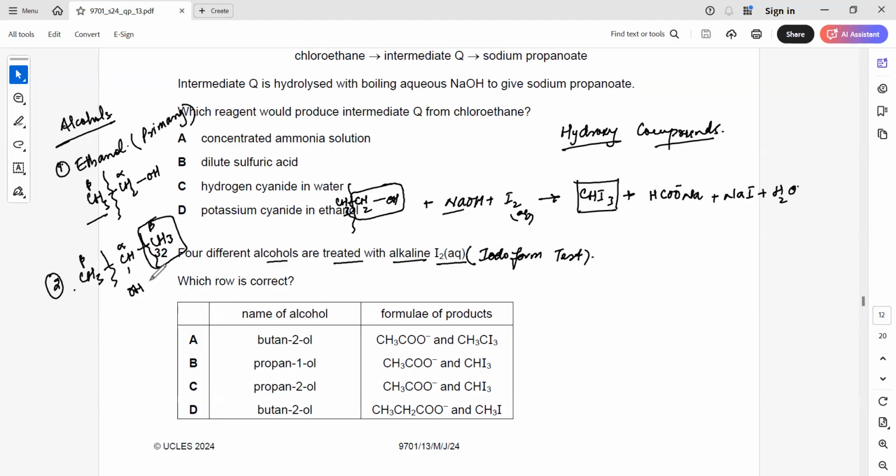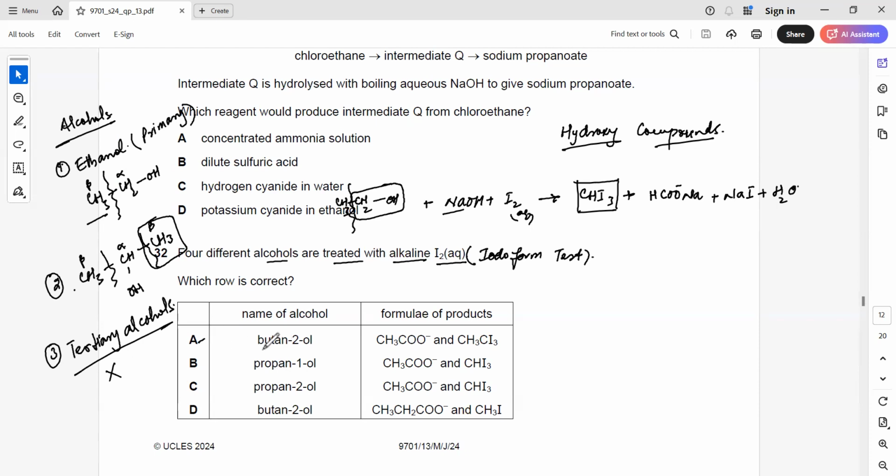This will give iodoform, and the rest will be the acid of two carbon atoms, CH3COONa. And remember one thing, tertiary alcohols do not give the iodoform test. So let's see these options.